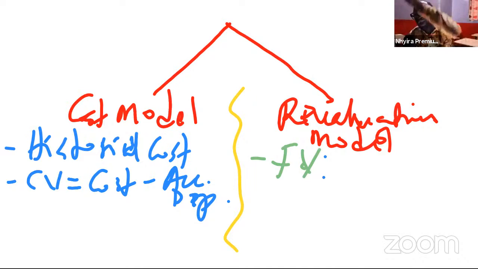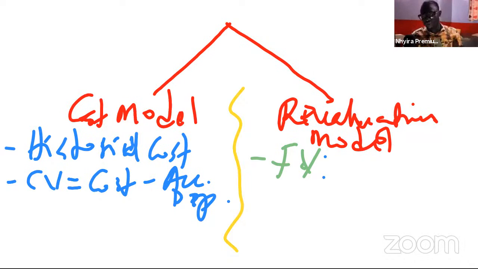According to IFRS 13 fair value measurement, fair value can be defined as the amount at which an asset can be exchanged or a liability settled within an arm's length transaction between market participants. So the value at which we can exchange an asset.